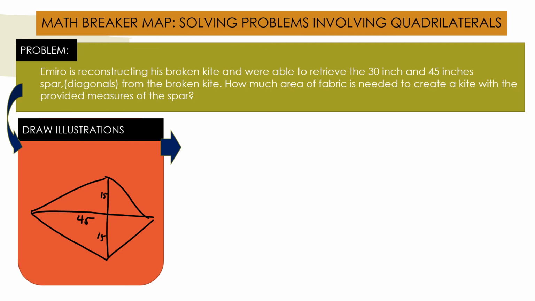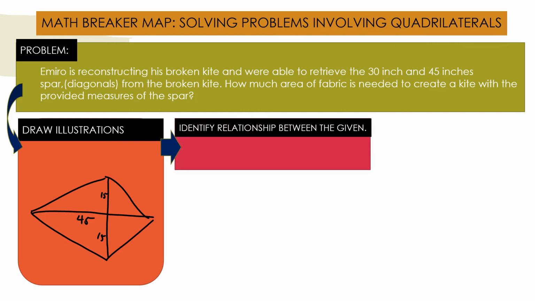So now we need to get how much area of fabric is needed to cover up and to have a kite. So we will be involving the area of the kite, and the formula for the area of the kite is diagonal 1 times diagonal 2 over 2.